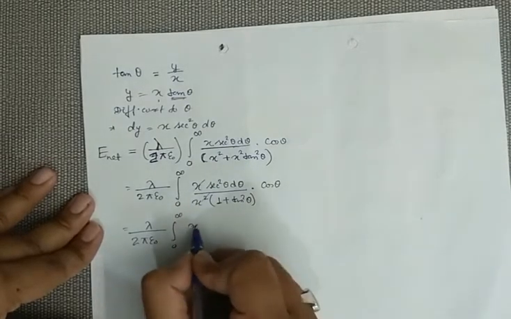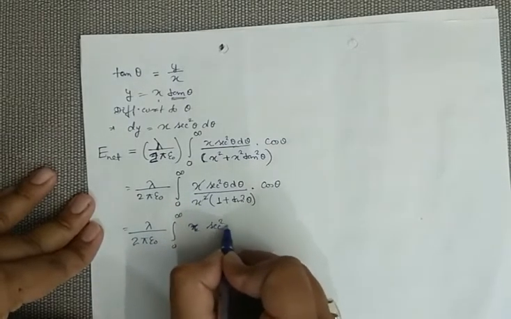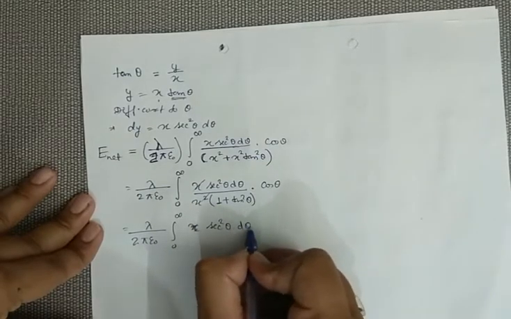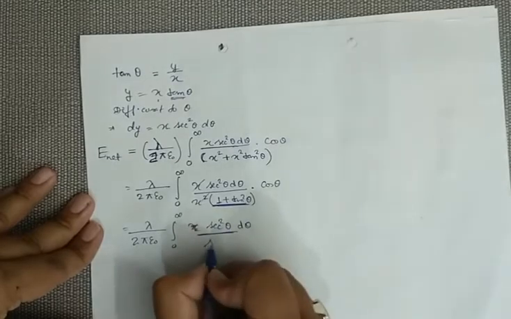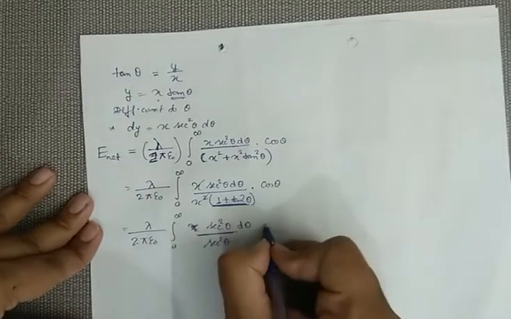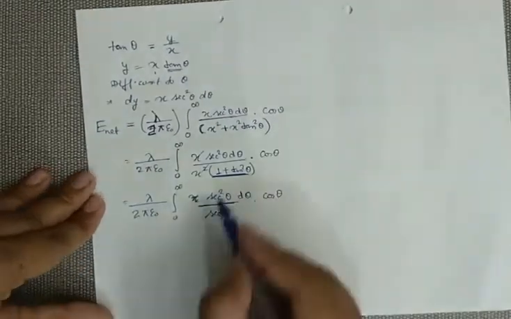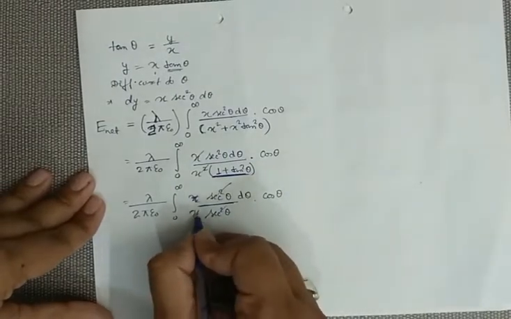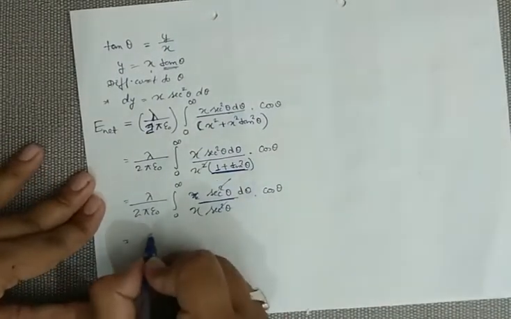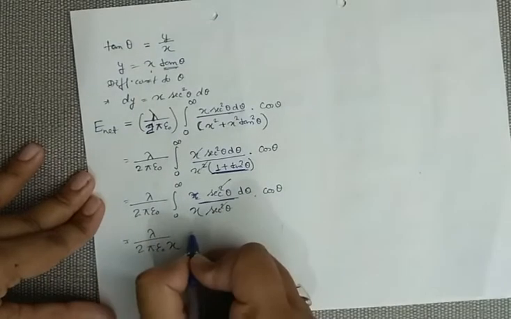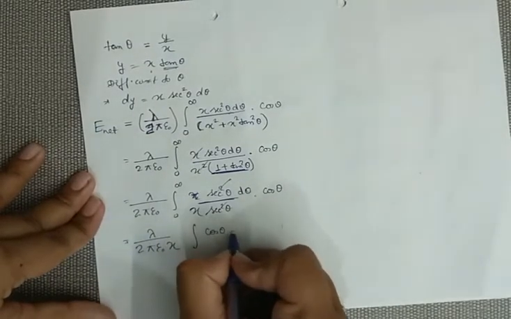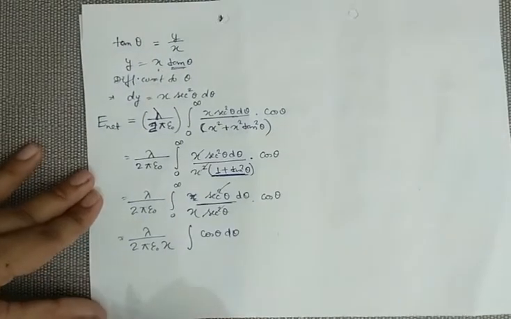So in the numerator you will get sec square theta d theta upon 1 plus tan square theta, which is also equal to sec square theta, and into that you have cos theta. So neglecting this term, moving x outward, we get 2 pi epsilon naught times x, integration of cos theta d theta.